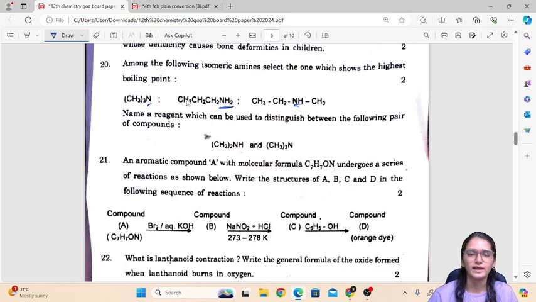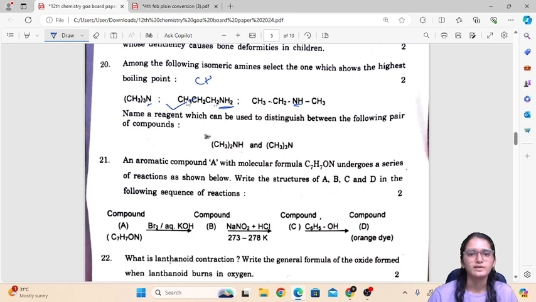Now you have to apply the concept to these three compounds. The first compound has N, so it is a tertiary amine. The second one is primary and the third one is secondary. The question is to select the one which shows the highest boiling point. According to the concept, the primary amine shows the highest boiling point, and among these three, the primary amine is this one.